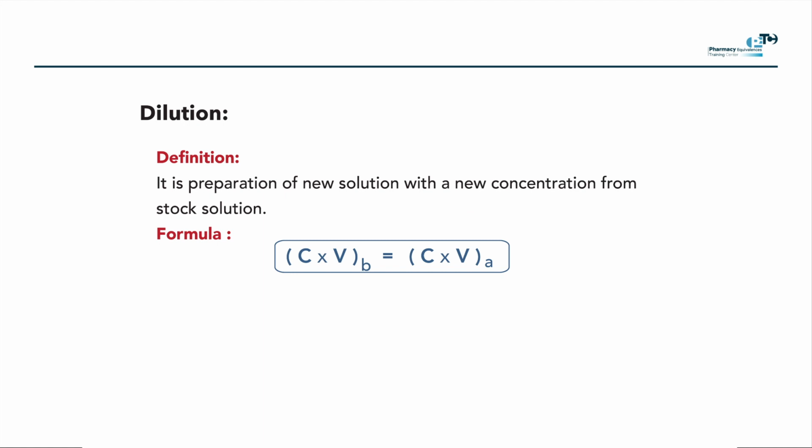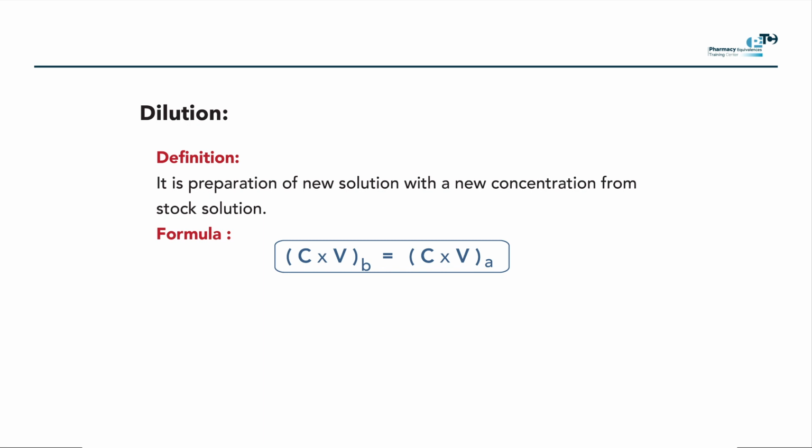Now we will start with the main section of this lecture, which is dilution, and we will see how we will deal with this type of problems and how to solve them very easily. Firstly, we must know what dilution means.